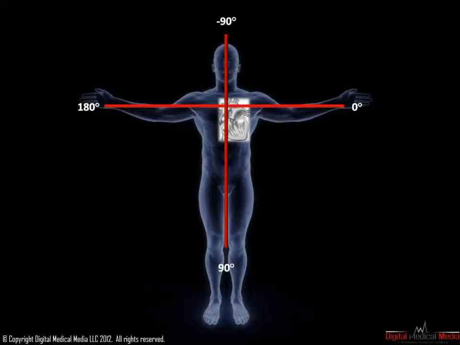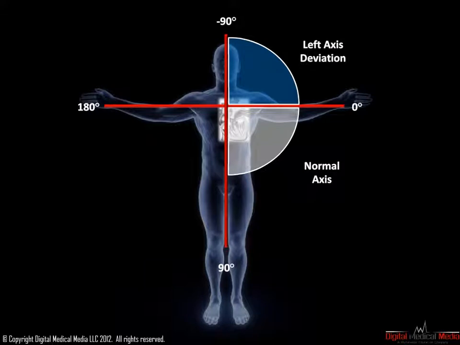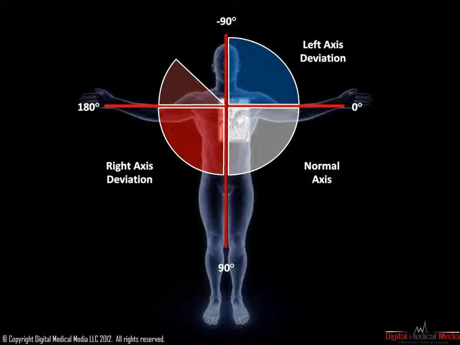A normal measurement for the electrical axis of the heart is between 0 and 90 degrees. If the axis is between 0 and negative 90 degrees, this is called a left axis deviation. If the axis is between 90 and 180 degrees, we call this right axis deviation. And finally, if the axis is between 180 and 270 degrees, then we call this extreme right axis deviation.